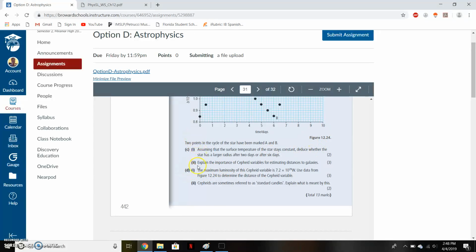Moving on to part D, this one actually has calculations, so I'm going to start writing. The maximum luminosity of this Cepheid variable is 7.2 times 10 to the 29th watts. Use data from the figure to determine the distance of the Cepheid variable.